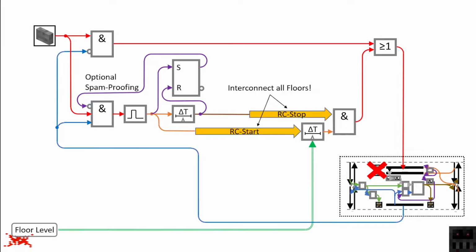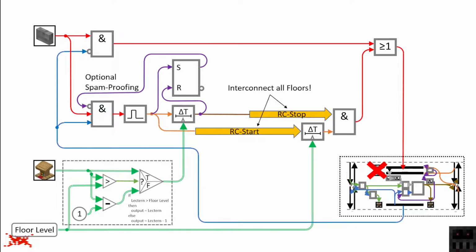Now, the way I'm doing this in the circuitry is pretty simple, just a container with a certain filling level and a comparator. You will see this in a few moments. On the transmitting side, it's a bit more complex. And the reason for that is a lectern will give me an output between 1 and 15. But one of those actually represents the floor I'm currently on. So I'm basically wasting a whole page.